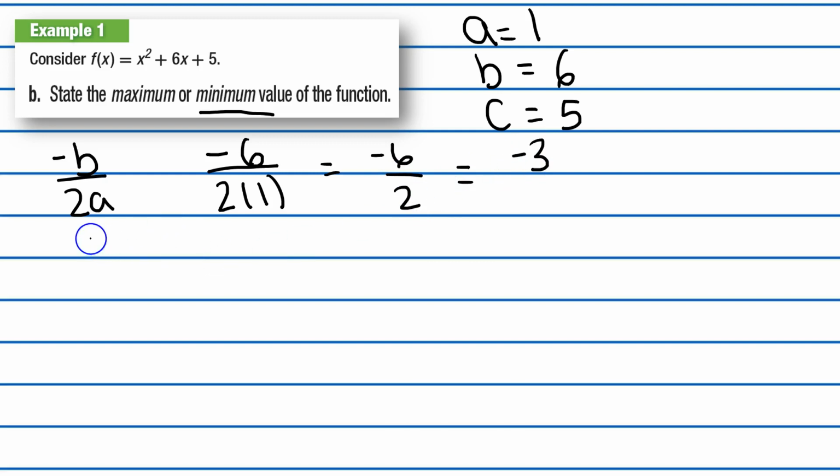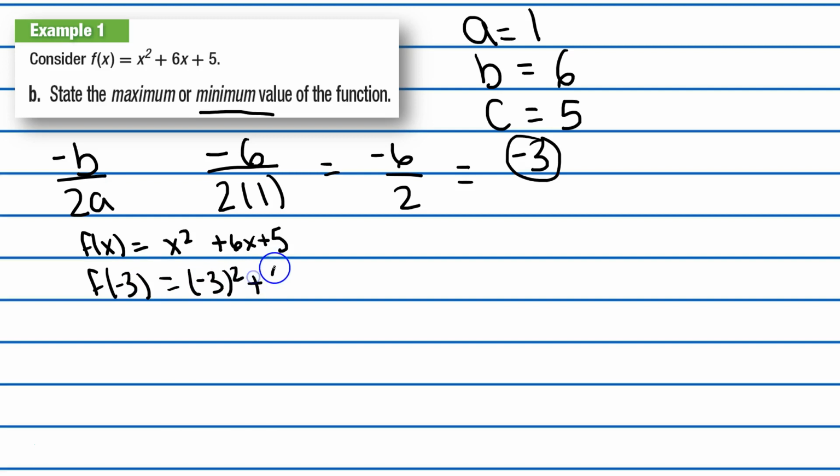But we're not done yet. We have our equation f of x equal to x squared plus 6x plus 5. Now let's replace all of our x's with negative 3. So f of negative 3 is equal to negative 3 squared plus 6 times negative 3 plus 5. And this is where our order of operations comes in handy.